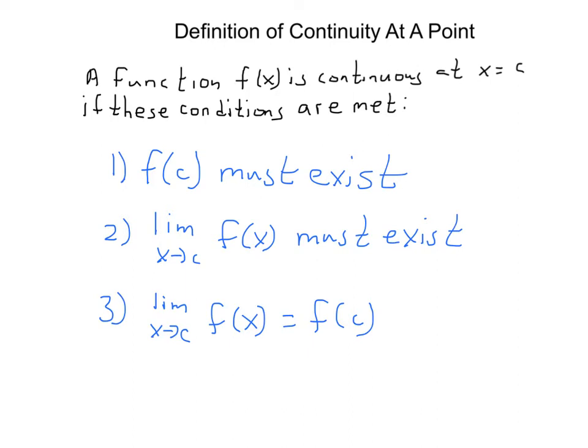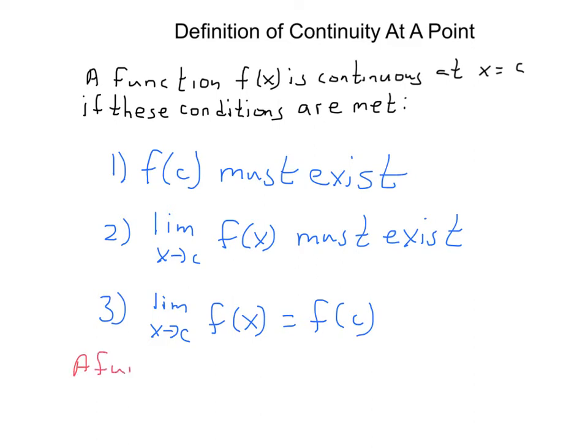Now, the next thing that we have as well with this is continuity on an interval. A function is continuous on an interval if it is continuous at every point in that interval.